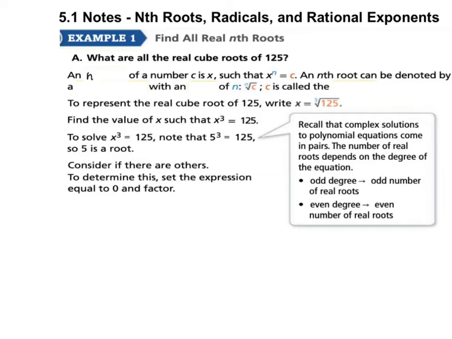So an nth root of a number c is x, such that x to the n is equal to c.